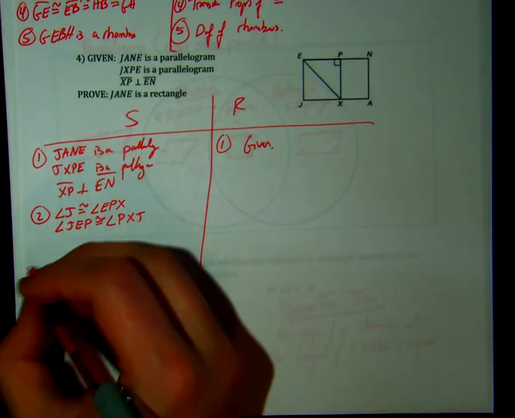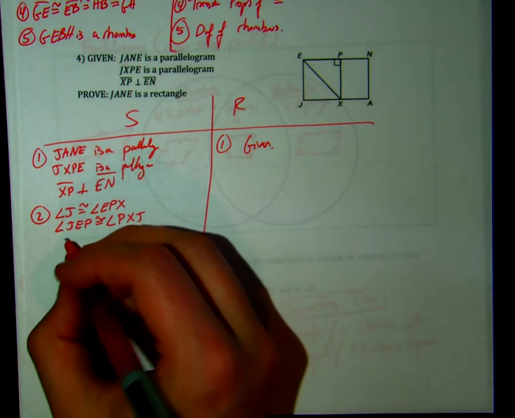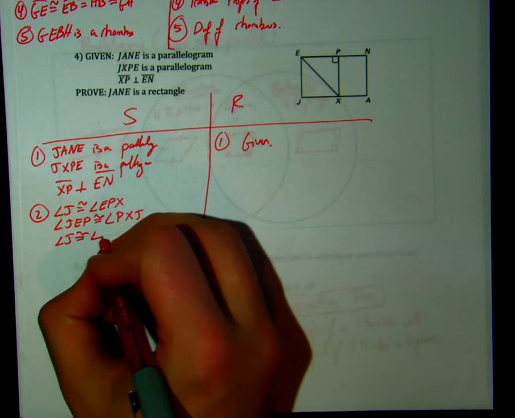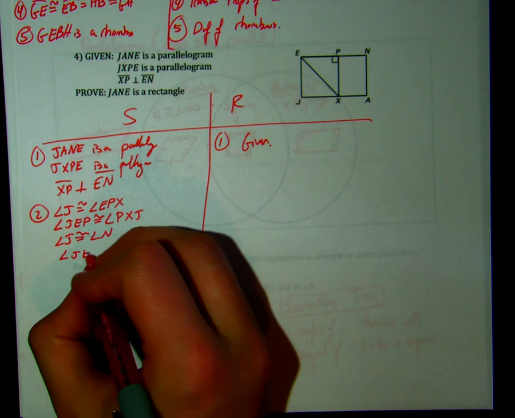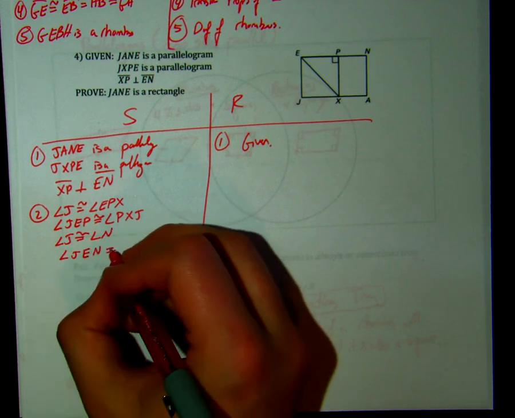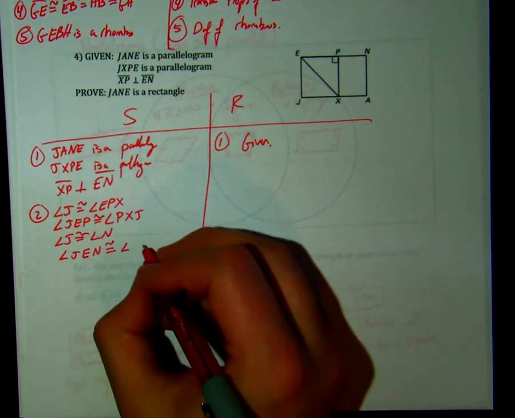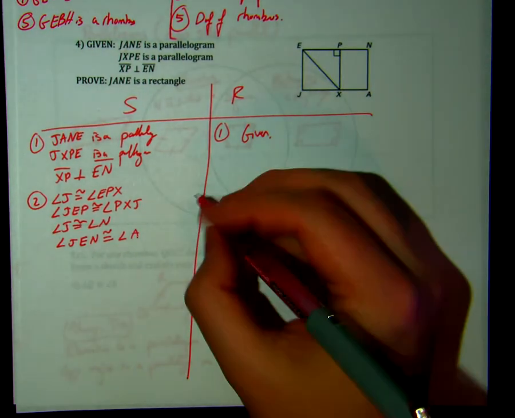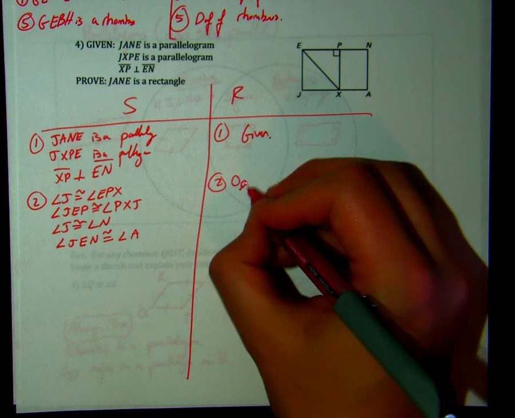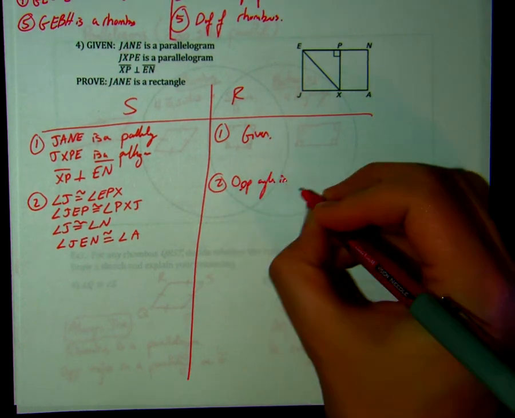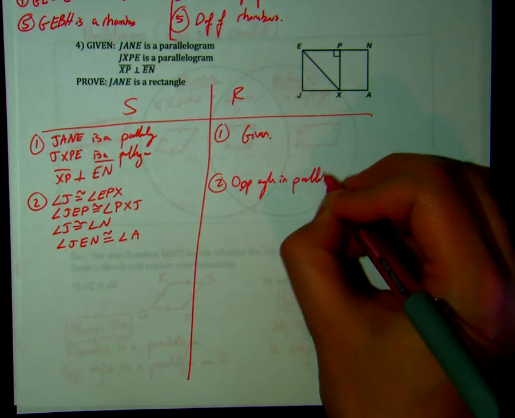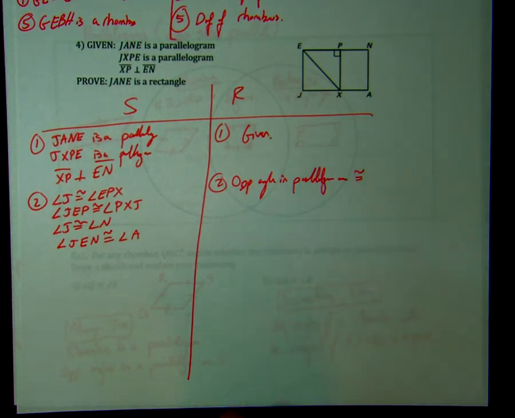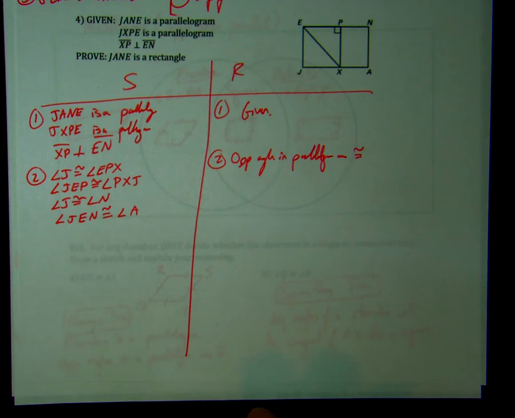And also in the large parallelogram, angle J is opposite angle N. And angle JEN is congruent to angle A. So we have, again, opposite angles of the parallelograms here. So these opposite angles in a parallelogram are congruent.